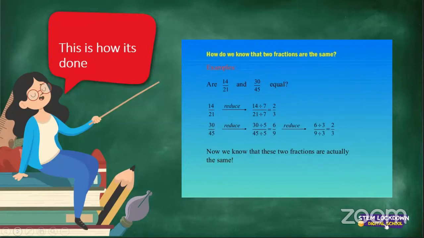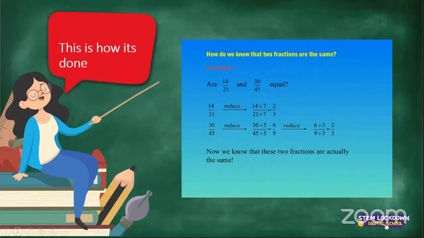Now we look at 30 over 45. We first reduce it by dividing by 5. How many times does 5 go into 30? It goes 6 times. How many times does 5 go into 45? It goes 9 times.